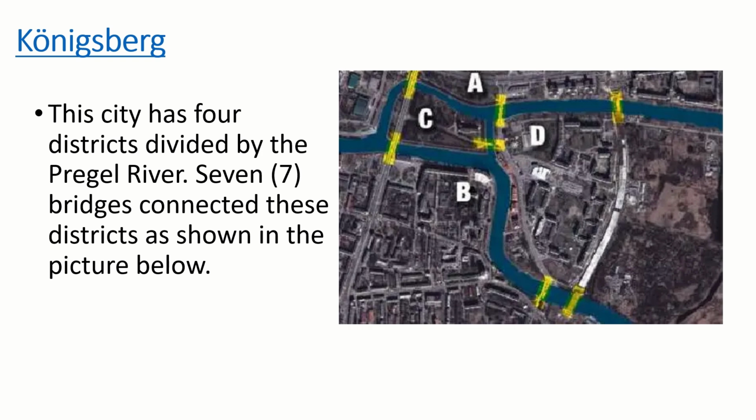Now this city has four districts divided by the Pregel River. So looking at the picture, we have now these four districts, the A, B, C, and D. And if you notice, we have these yellow lines. These are the seven bridges. So these seven bridges connect these four districts.